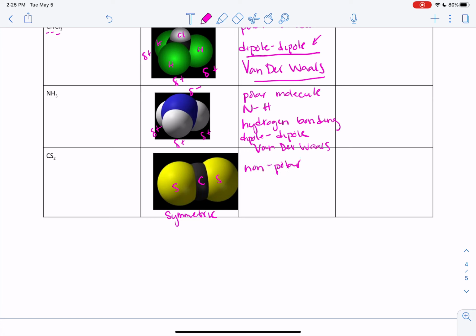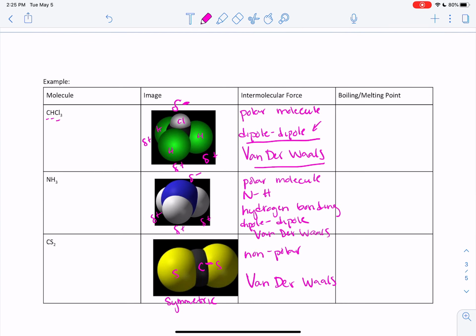This is a case where it's a polar bond, carbon and sulfur have different electronegativities, but it is a non-polar molecule because it is symmetric. And if you are non-polar, you can't have dipole-dipole, you can't have hydrogen bonding, so the only thing you have is van der Waals. Okay, so let's compare these.